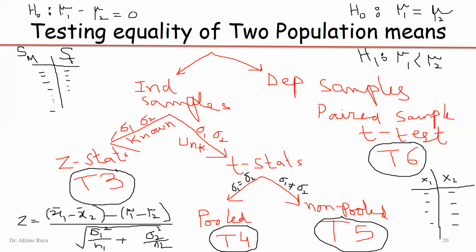If we are testing the hypothesis that the difference between the two means is 10 points, as I was telling you about the case of preparation of the GRE, then in that case this number will be 10, because the difference of the population means is stated to be 10. So this is the scenario which we have to further proceed, and in the next slide I will describe procedure T4, because procedure T3 is already described in this presentation.